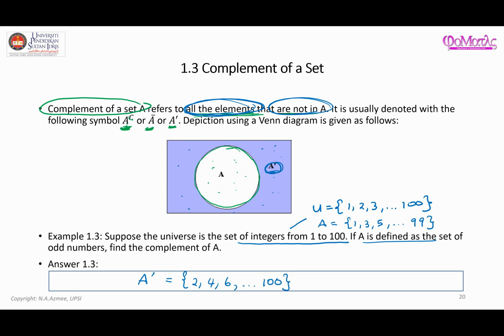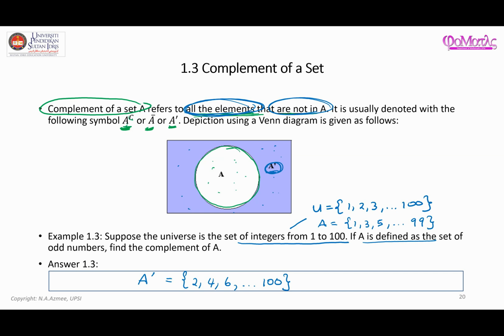Okay, so that is one way of doing it. We can say that the complement of A is 2, 4, 6 until 100. That is the roster method. You write a set in terms of the roster method, or if you want, you can write the set in terms of set builder notation, where you give some sort of statement.